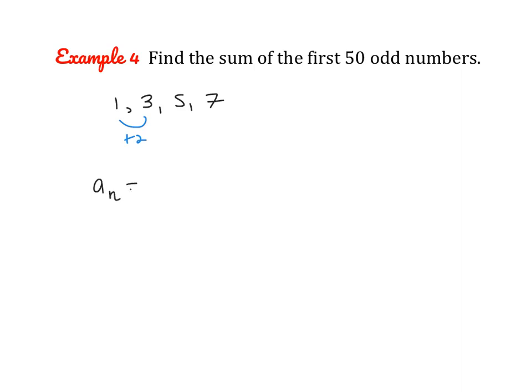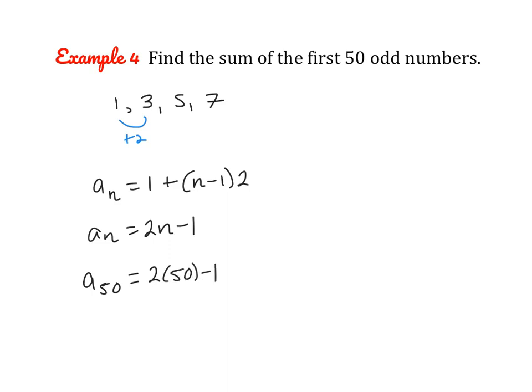So we can say a sub n equals 1 plus n minus 1 times 2. So a sub n equals 2n minus 1. So that's a formula that describes all of the odd numbers. So we can use that to help us find the 50th term. So 2 times 50 minus 1 is 99.